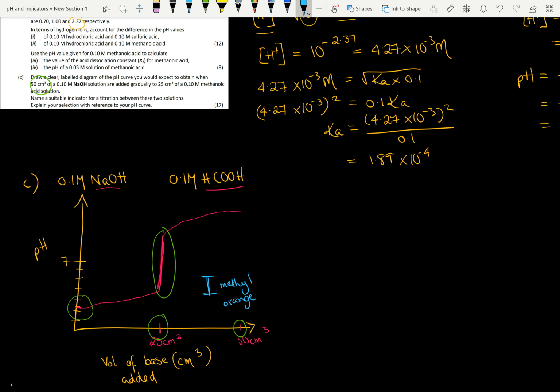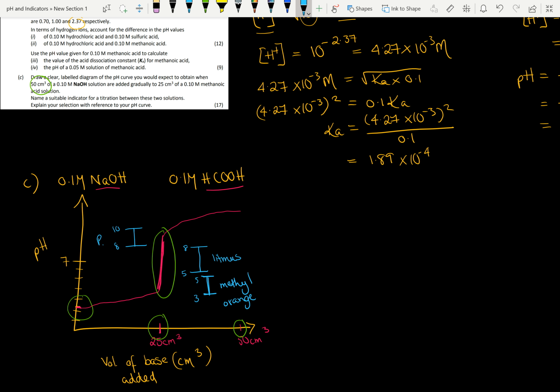We also have litmus, which has a range between 5 and 8. But that wide range makes litmus a little bit less reliable. And then we've got phenolphthalein, which is going to change between 8 and 10. So just label that P instead of writing the whole thing out.